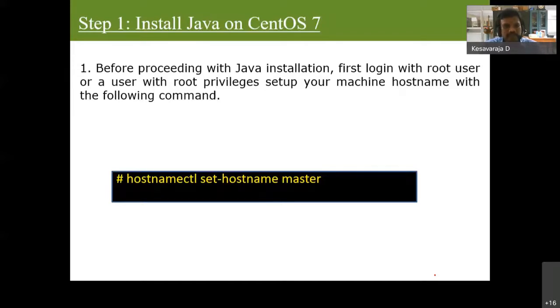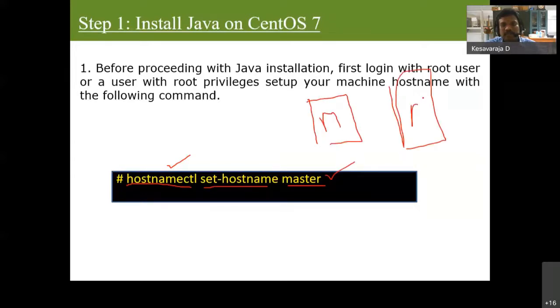If you are creating a multi-node machine, now it's a single node machine, in that situation, you can change the host name. So hostnamectl set-hostname master. If you are creating 3 nodes, the first name is master, the second is node1, the third is node2, something like that. If needed, you can change the name.